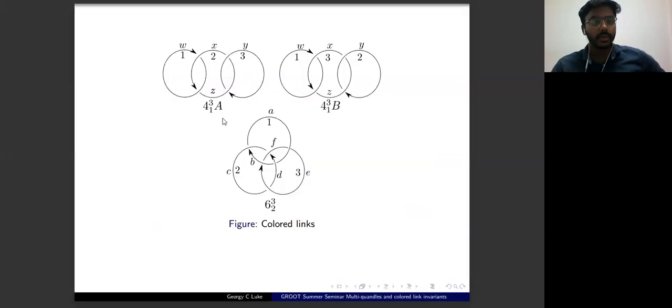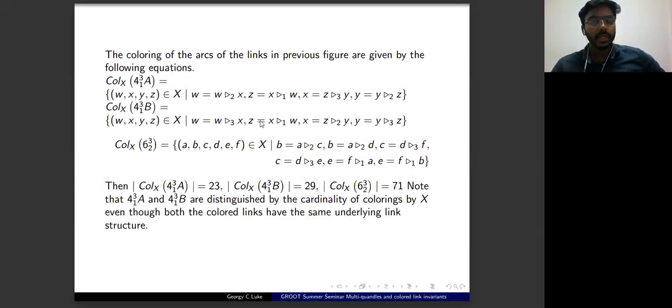Similarly, for the figure on the right hand side, we wrote the equations, and with the help of a programming language, I have calculated that the number of such colorings for the first figure is 23 and for the second figure is 29.